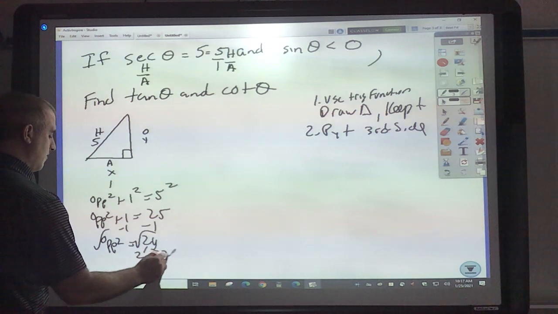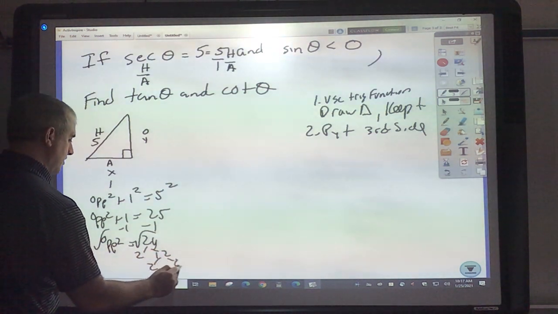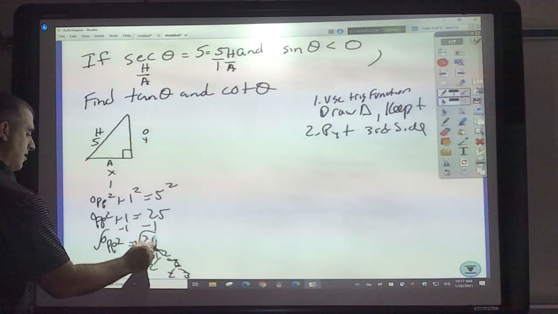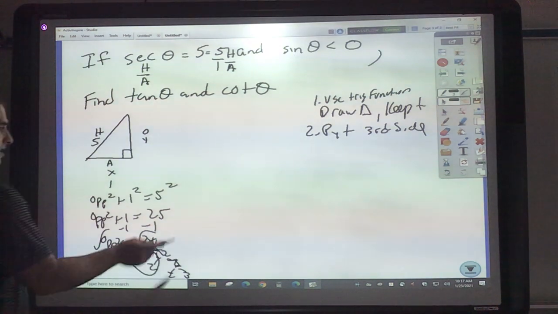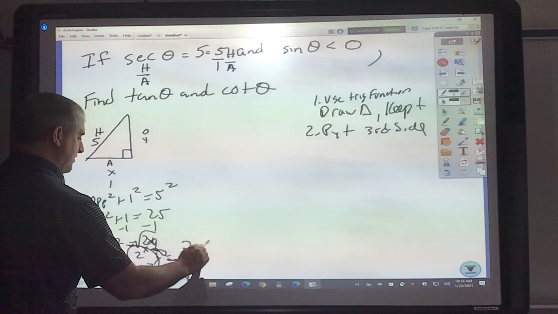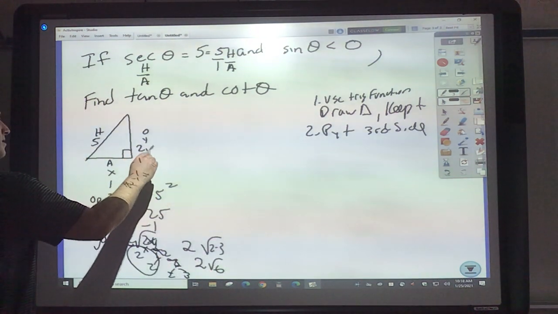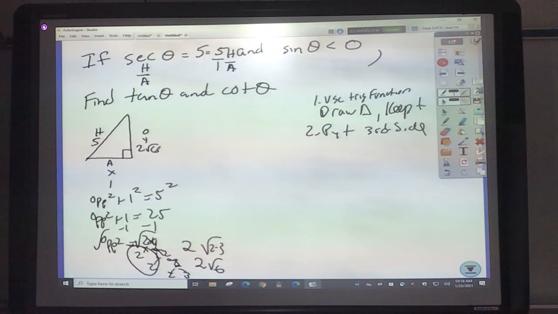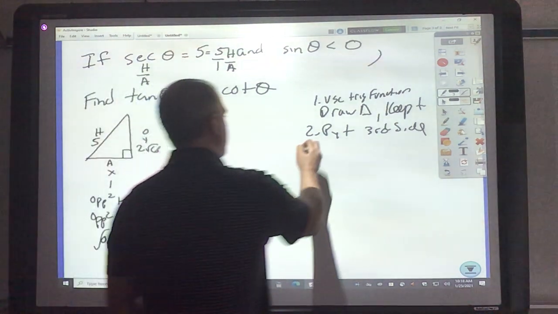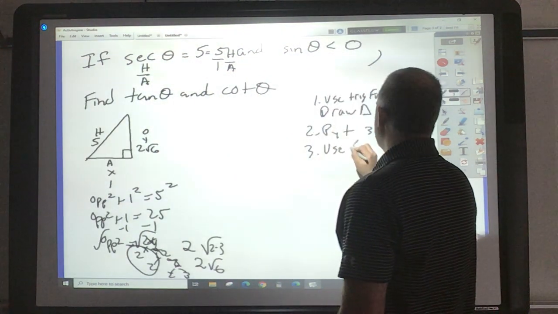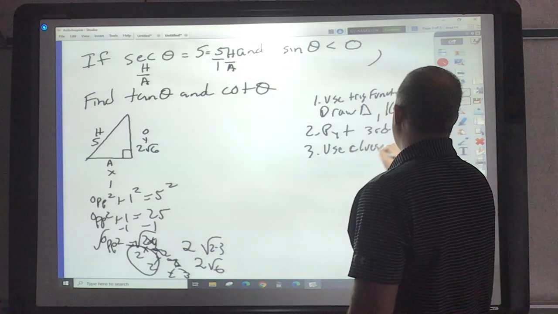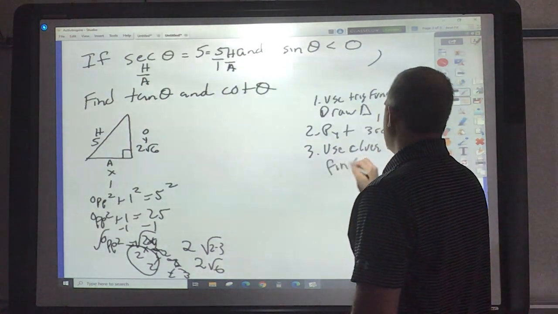That'd be 2 and 12, 2 and 6, 2 and 3. So this would be a 2 on the outside with a 2 times 3, so it'd be 2 square root of 6 as the opposite in that case. Then what you want to do is use the clues to find the quadrant.